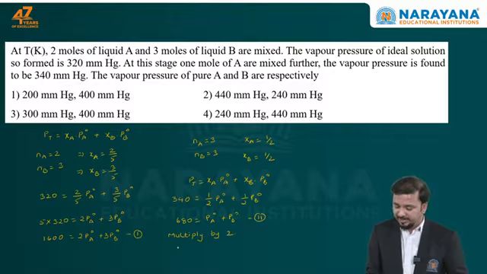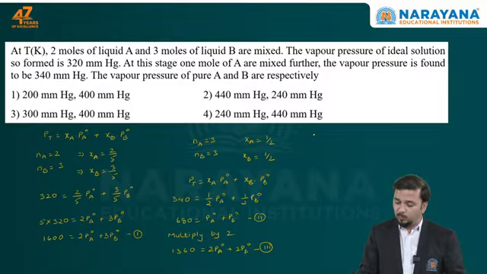So we'll get 680 into 2, which will be 1360. That is equal to Pa naught plus 2 Pb naught. This is equation 3. Now if I do 1 minus 3, so we will get Pb naught, that is equal to 1600 minus 1360, which will be equal to 240 mm.